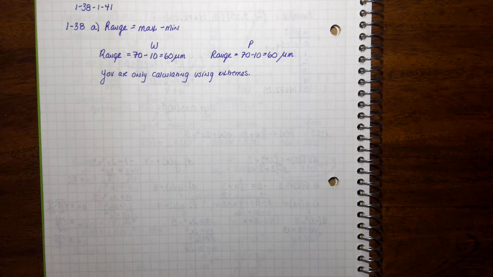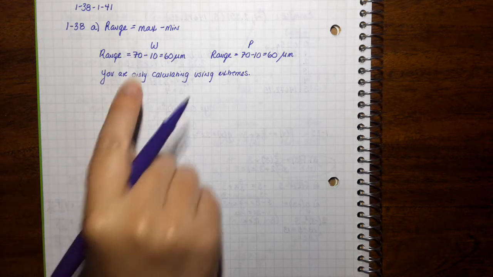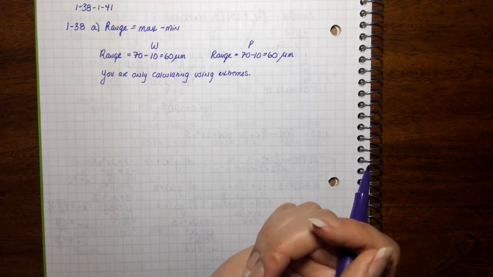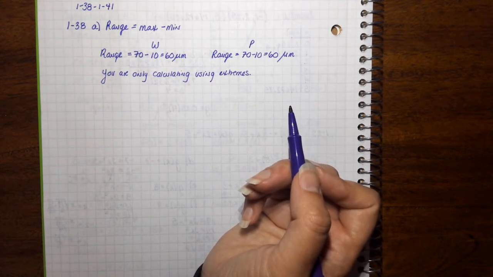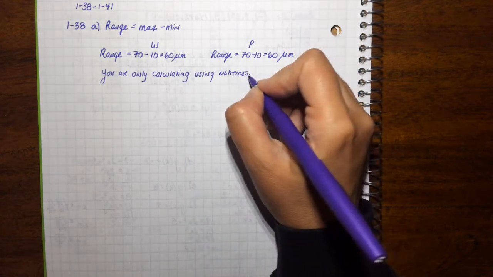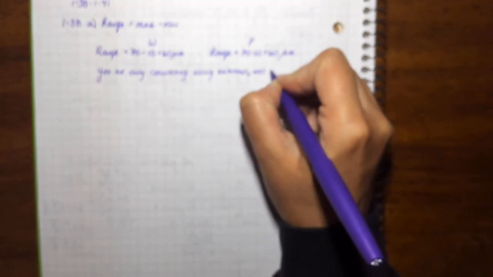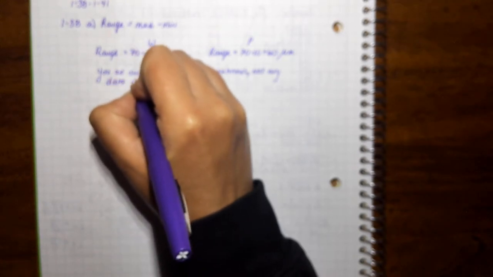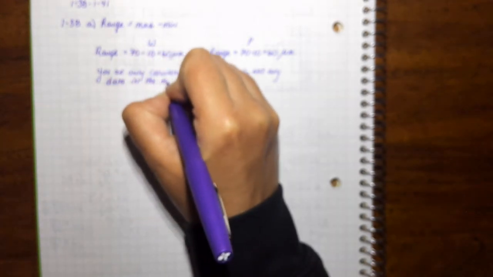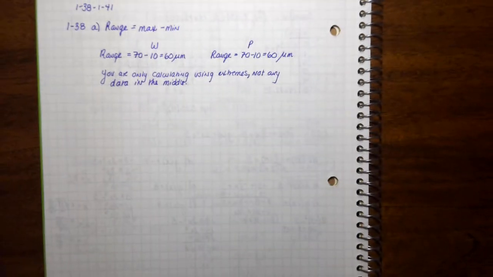Is it toward the bottom? Is it toward the top? You don't know. All you know is how far apart it is. So you're only using extremes and not taking into account any of the data in the middle, which is usually where most of it lies.